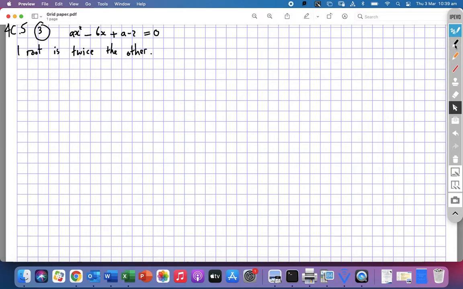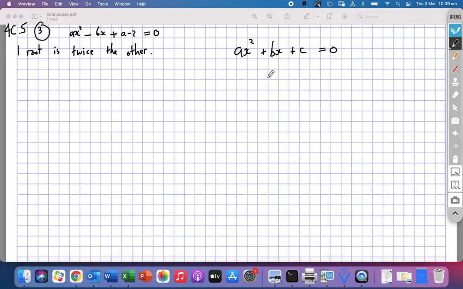So when we're doing these questions, the sum and product works nicely as a way to simplify these questions. Right. So when we have a quadratic equal to 0, we can assume that there will be some roots.